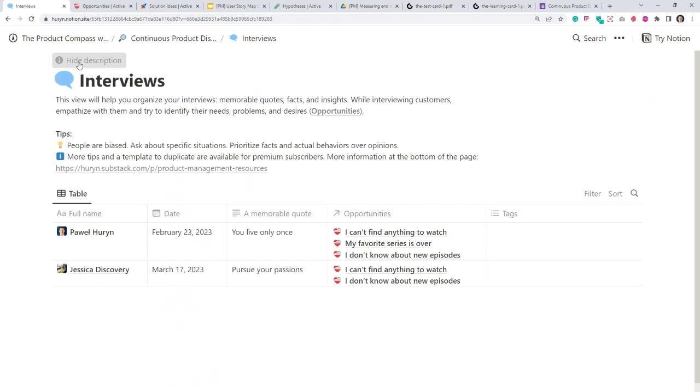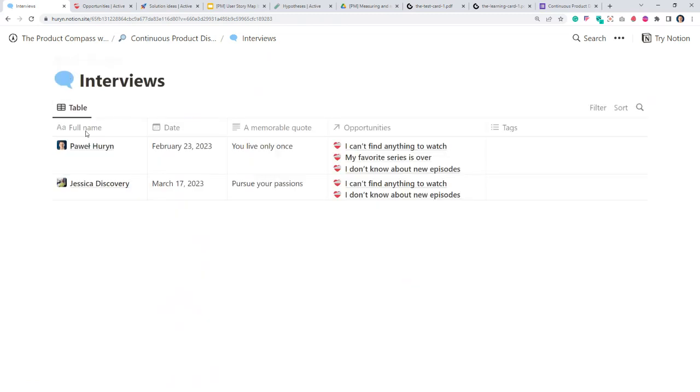And this list of interviews, it's a quite handy way to organize knowledge about interviews, but my tip will be that it's important to remember that people are biased. So instead of letting them generalize, it's much better to ask about specific situations, like tell me about the last time you had that problem, or what happened next?